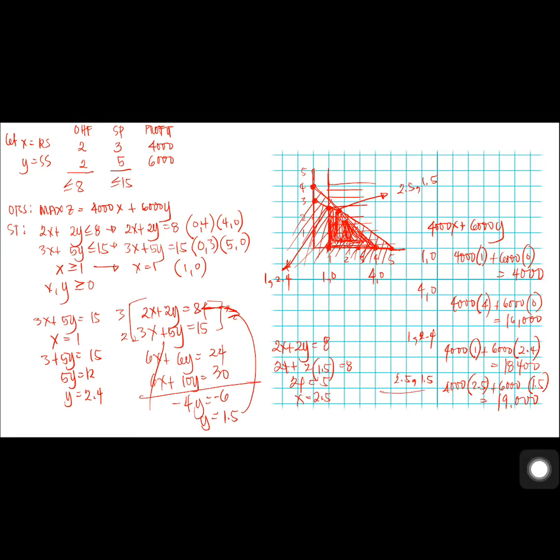So, since 2.5 and 1.5 is the highest value, therefore, our decision should be, for the regular steel, 2.5, and for the special steel, 1.5, for a maximum profit of 19,000. So that's it. Thank you.